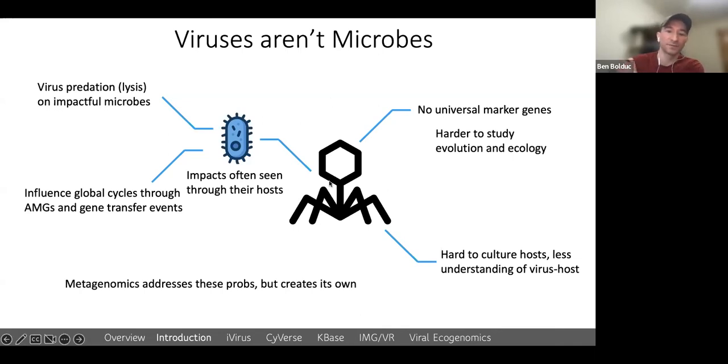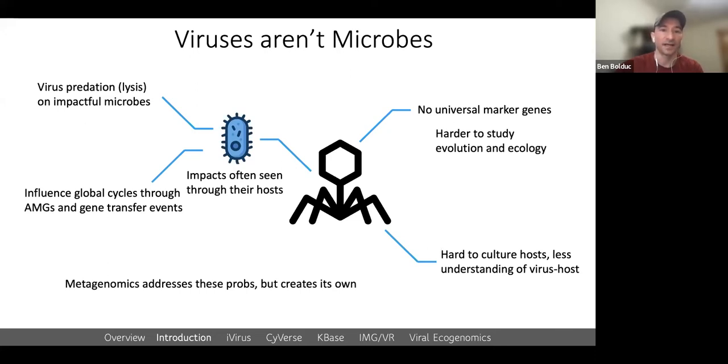And then because we're studying viruses, we often think of them through the eyes of their hosts. So what do viruses do to affect their hosts? And by extension, how do those hosts affect their environments? The two big things people always talk about are, first, you might be looking at a microbe that's really important ecologically, like maybe it produces half the oxygen that we breathe, so viruses killing them has a huge impact on how we breathe.